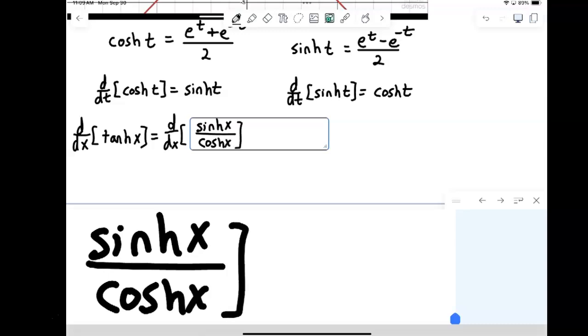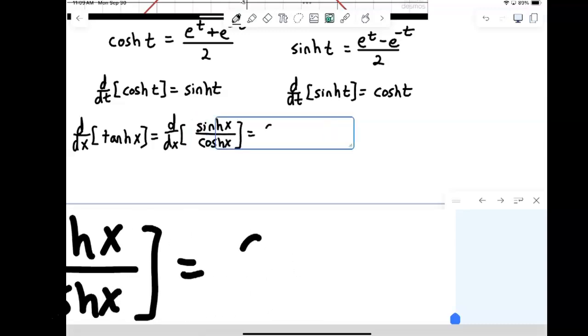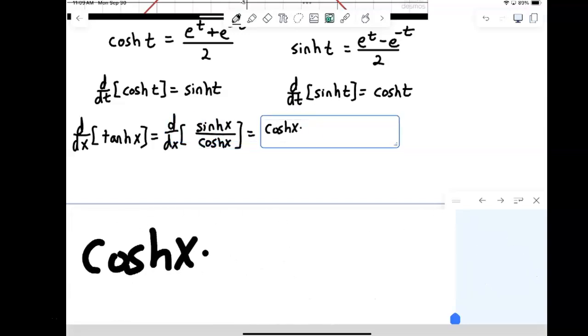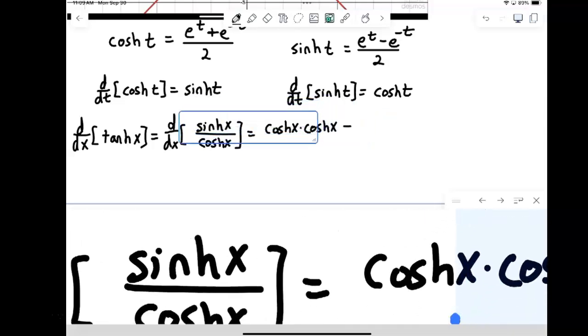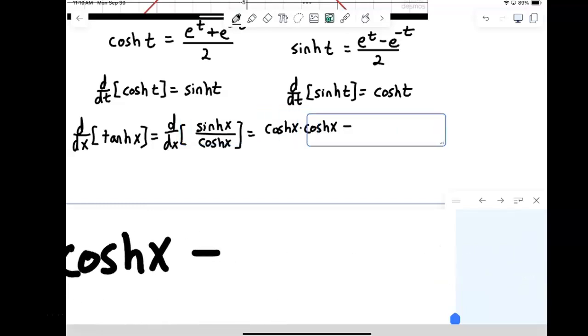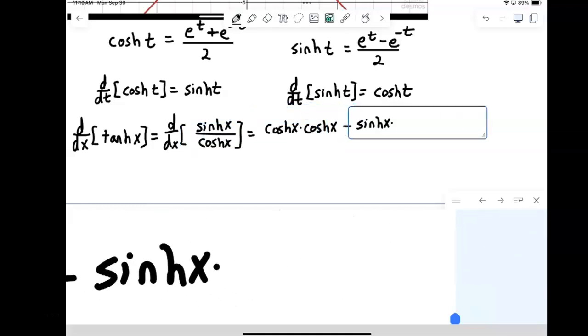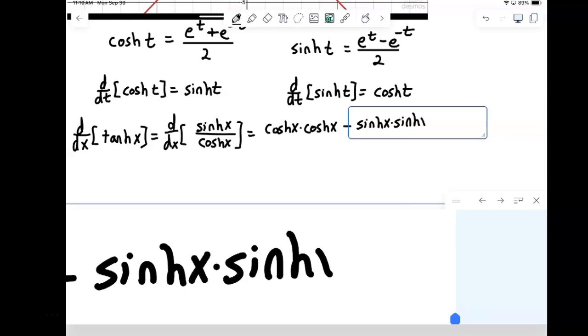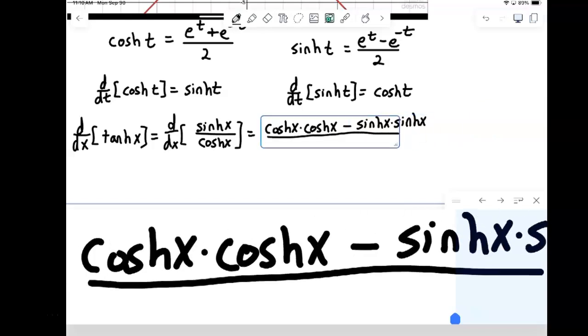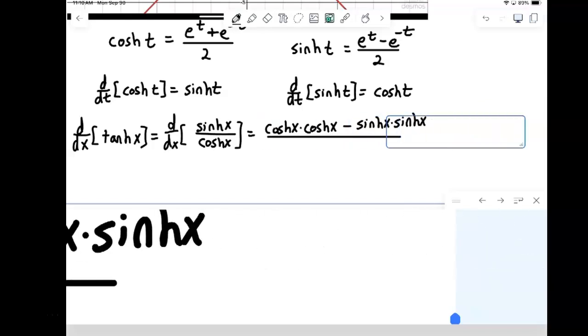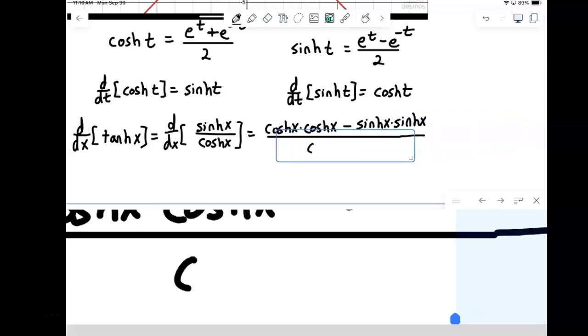So by the quotient rule, that's the bottom, hyperbolic cosine, times the derivative of hyperbolic sine, which would be hyperbolic cosine, minus the top, hyperbolic sine, times the derivative of the bottom. The derivative of hyperbolic cosine is hyperbolic sine. And then all that is over hyperbolic cosine squared.